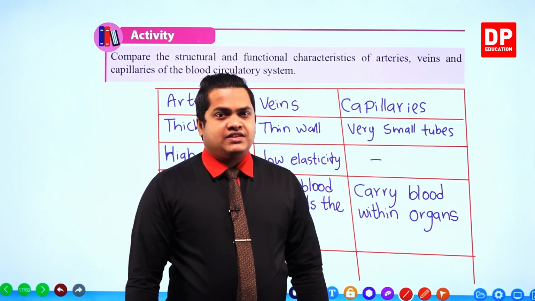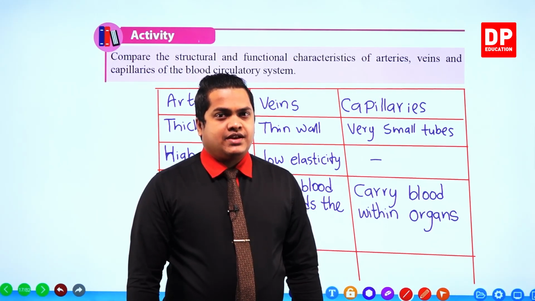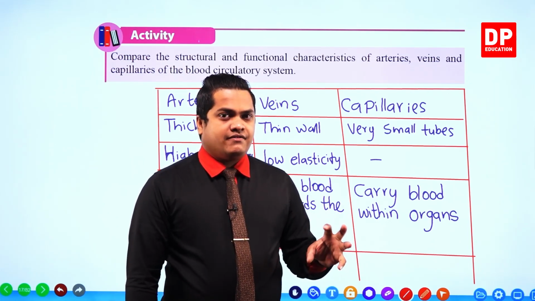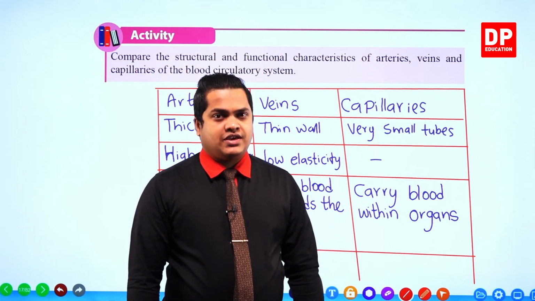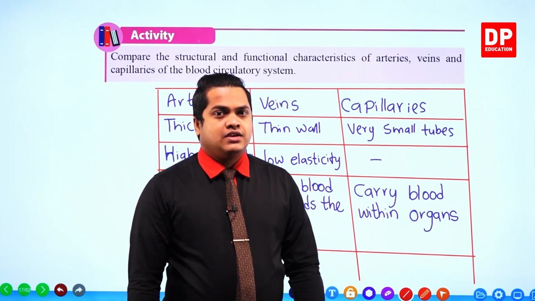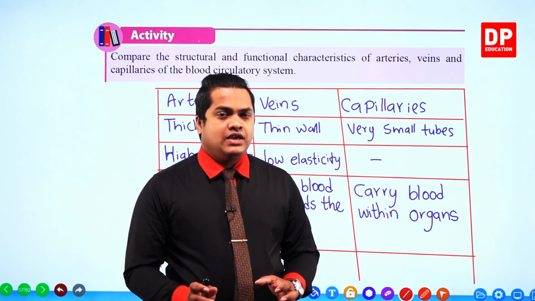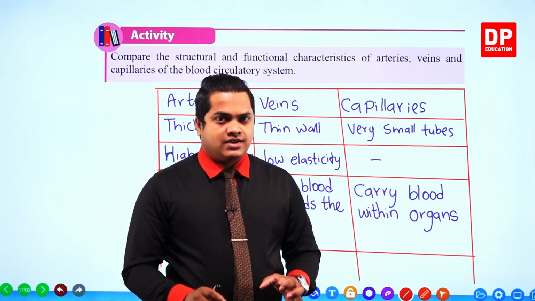Then after that, we discussed the arteries, veins and capillaries, and we finally compared their features, structural changes and also functions in order to get a good idea about the arteries, veins and capillaries.